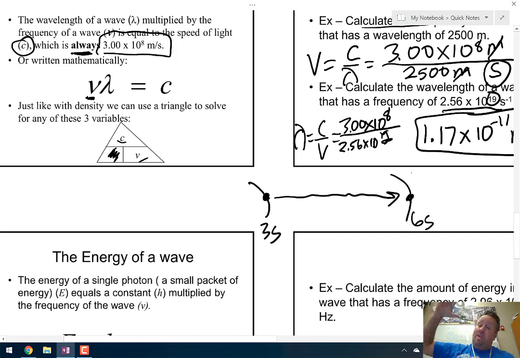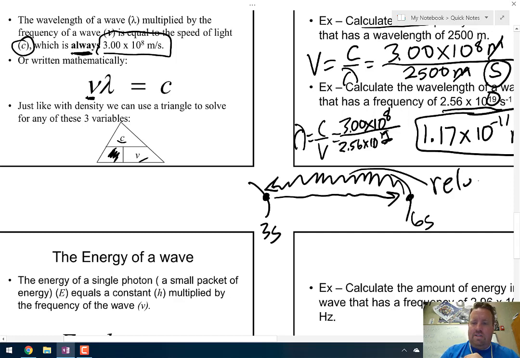Like a rope swing, you've reached the highest point, and now you have to come back down. It comes back down to the 3s, and when that happens, it releases energy. And many times, if that energy is within the visible spectrum, then we can see a color. If it's not, then obviously we can't.